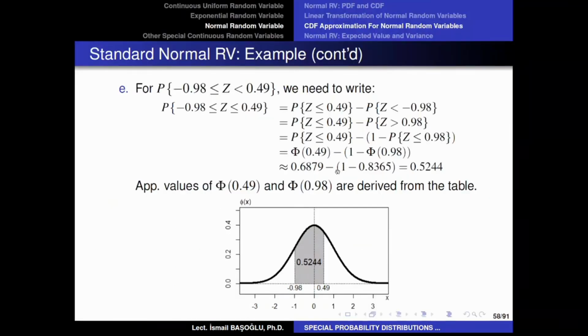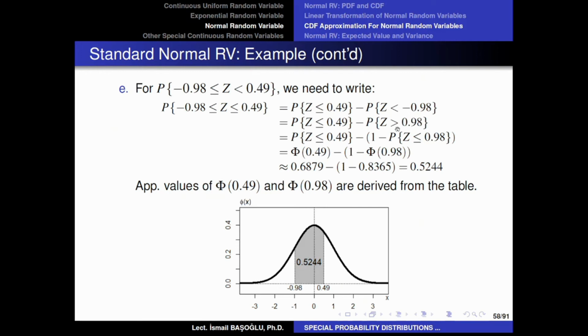0.6879 minus, I am going to calculate the second probability here, which is the probability of Z being less than minus 0.98. Now you know that due to the symmetricity, this cumulative probability here will be the same as the tail probability at the positive 0.98.